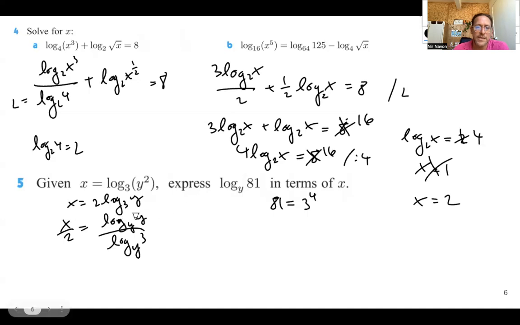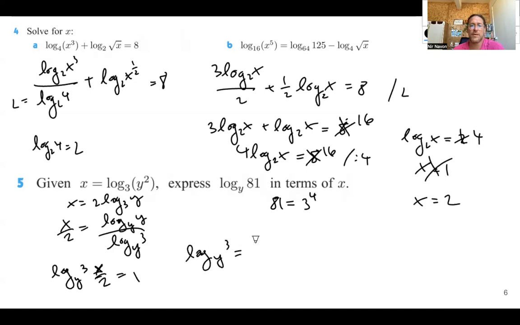Log y of y is 1. So what do we get here? Log in base y of 3 times x over 2 equals 1. So log in base y of 3 equals 2 over x, by multiplying by 2 and dividing by x.